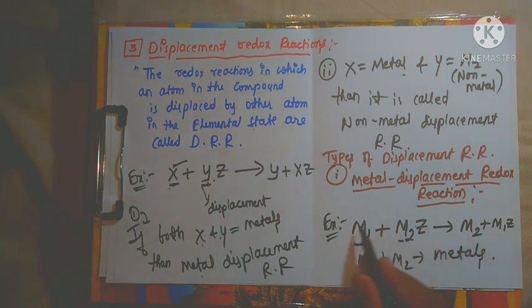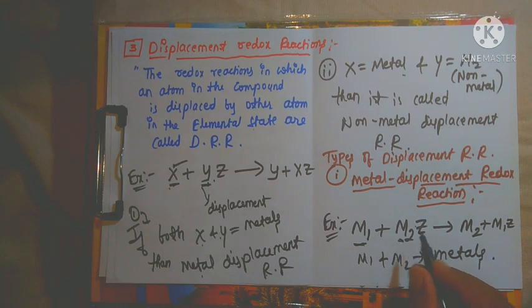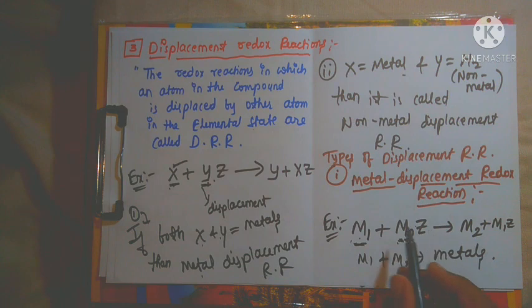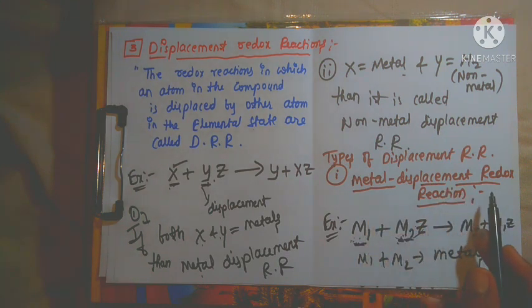The reaction in which one of the metal atoms in the compound, that is M2, is displaced by another metal, that is M1, which is in the elemental state, is called a metal displacement redox reaction.